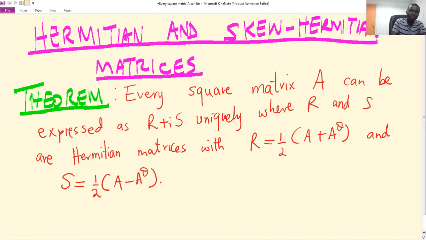Remember, by definition, A power theta is the transpose of the conjugate of the matrix A.